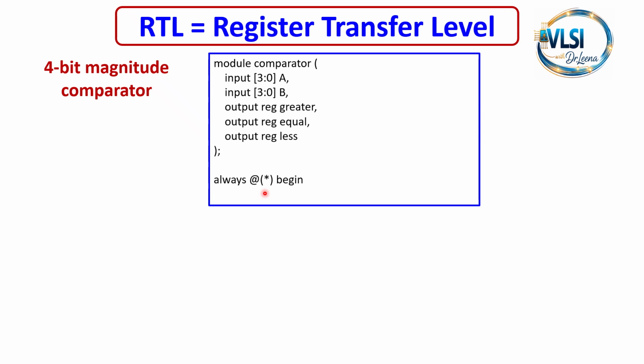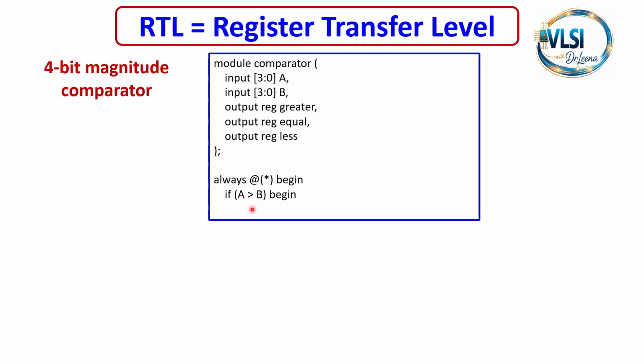In this design, inputs are A and B. So whenever A or B changes, the comparator recalculates the output. This is combinational logic.